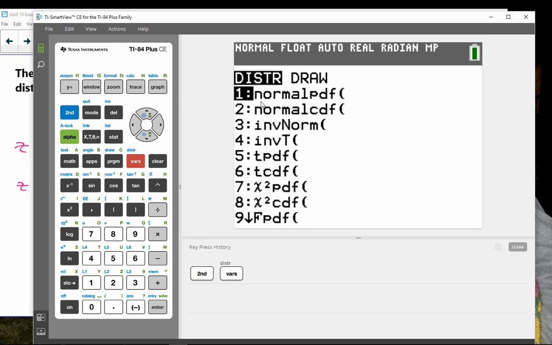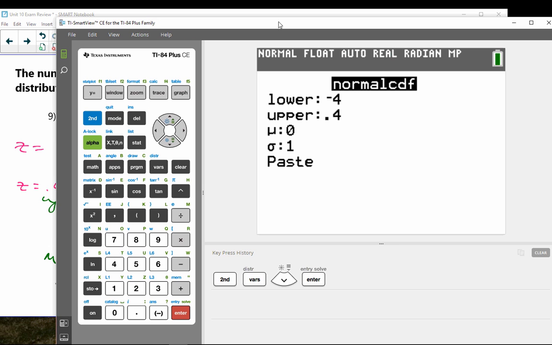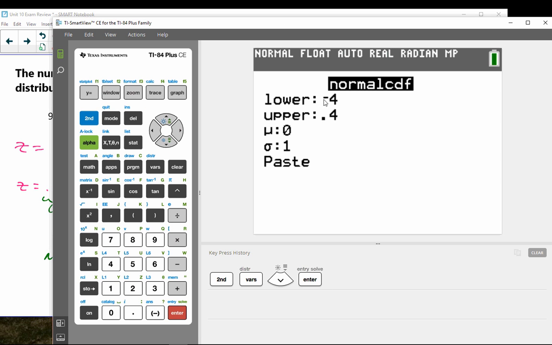Now, what do I want? Do I want 1 or do I want 2 here? I want 2. So I'm going to hit 2 because we want the CDF. I'll show you the picture part. Now, what did we say that our lower number was going to be? Since I'm going to the left, my low is what? -4, so that's good.